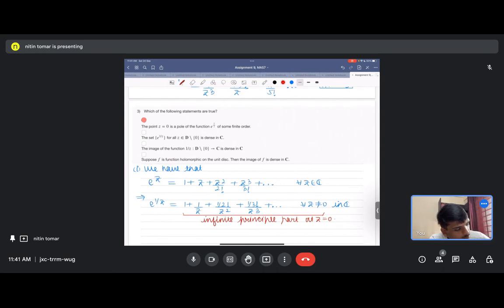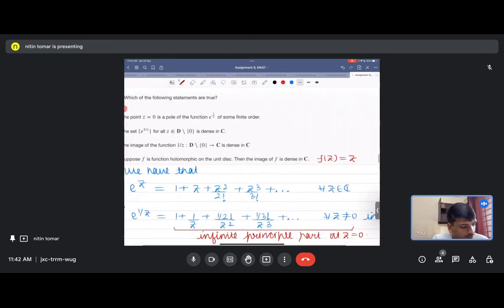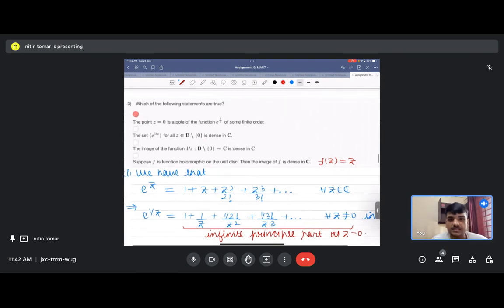So the fourth question is, if f is a holomorphic function on the unit disk, then the image is dense. So this option is not correct. Why? Because if you take f(z) equal to z, the identity function, it is a holomorphic function on the unit disk, but its image will be the unit disk itself, right?